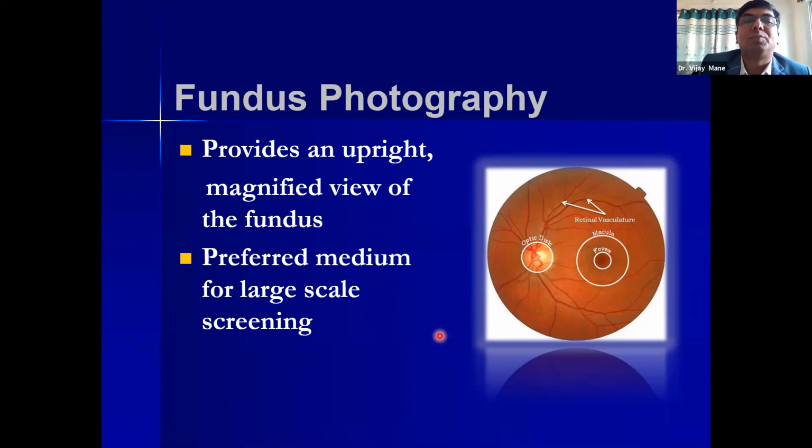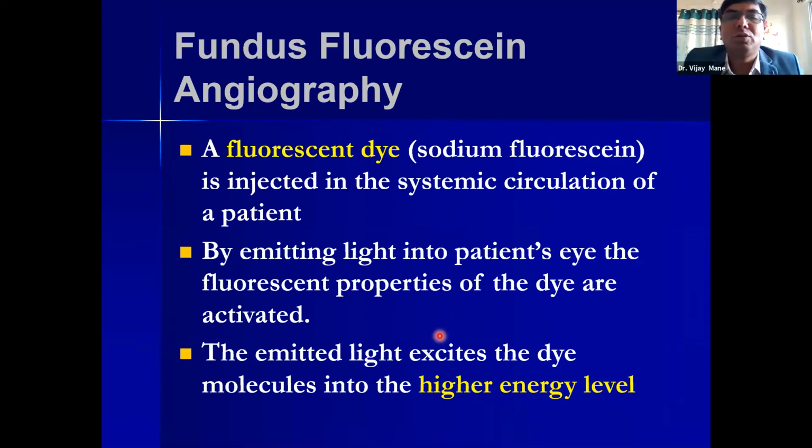So it's a normal process for looking into the eye, and it has the advantage that we can capture this image and store it for further processing, or we can send that image. So as you know, the advantages of capturing the image apply over here.